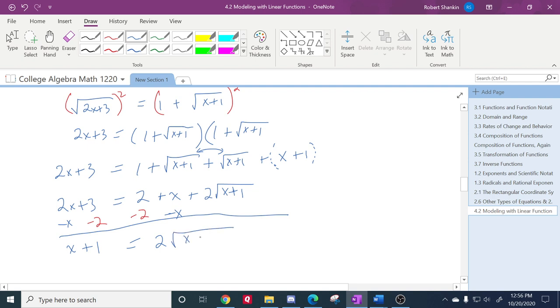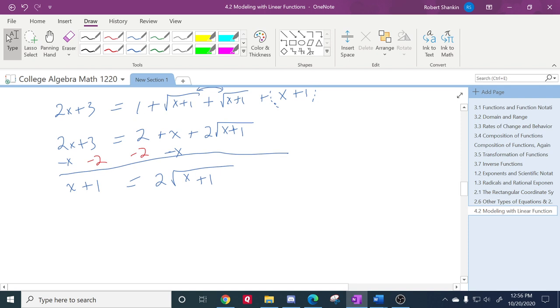plus, and then I'm going to furthermore isolate the square root. So I'm going to divide both sides by 2.